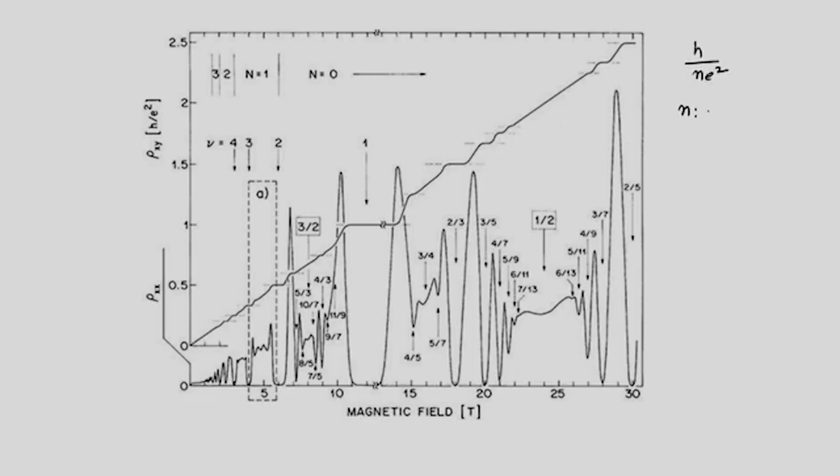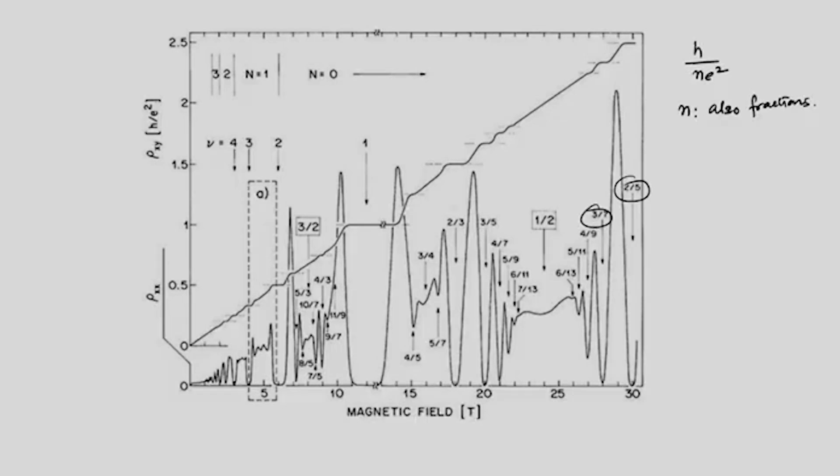N can also be fractions. So the integer quantum Hall effect got a Nobel Prize, Klitzing, and this also got a Nobel Prize, where one has found out that there are several fractions. You see there's 2 by 5, 3 by 7, probably close to 100 fractions have been discovered.